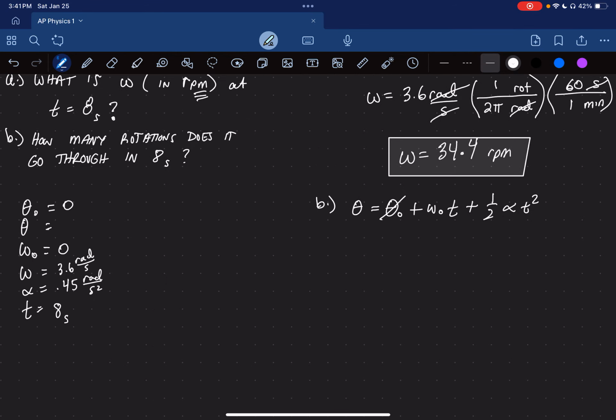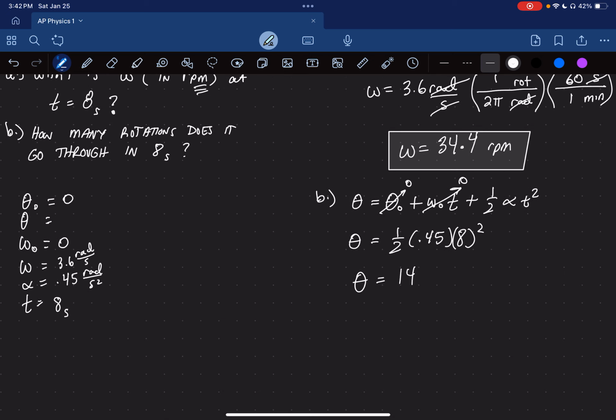Okay, so this term is 0, so theta equals 1/2 times 0.45 times 8 squared, which is 14.4 radians.